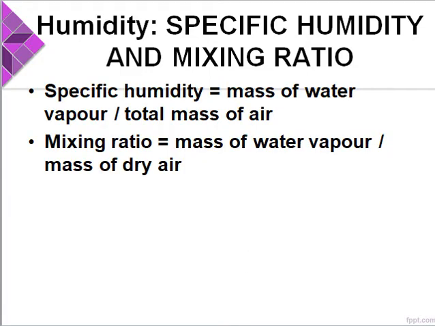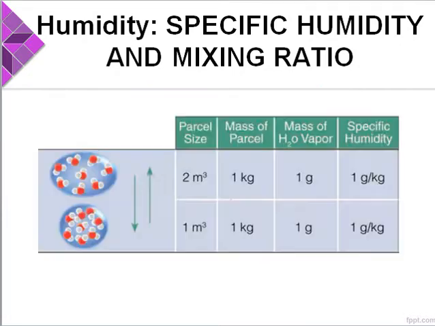So the mixing ratio thus gives us mass of water vapor divided by mass of dry air. Both the specific humidity and mixing ratio are expressed as grams of water vapor per kilogram of air. The specific humidity and mixing ratio of an air parcel remain constant as long as water vapor is not added to or removed from the parcel.